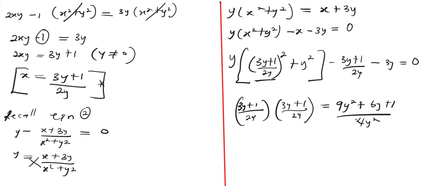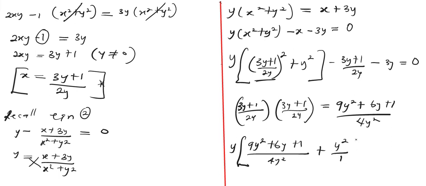So this bracket will become y into (9y squared plus 6y plus 1) divided by 4y squared, plus y squared divided by 1, then minus (3y plus 1) divided by 2y minus 3y equals 0. Okay, so this becomes our new equation.